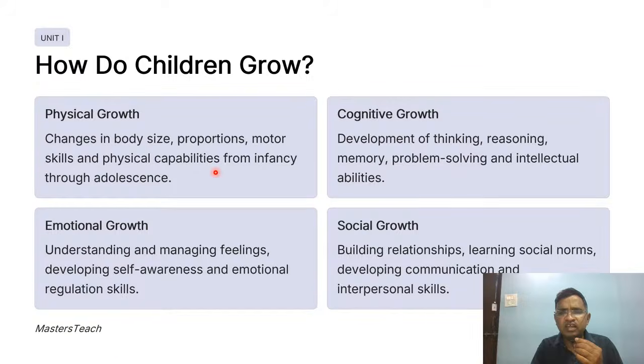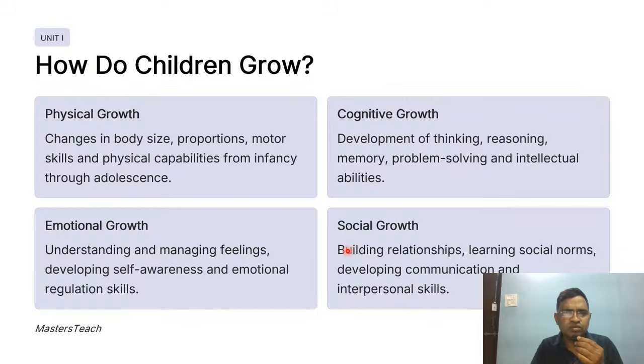Then cognitive growth: development of thinking, reasoning, memory, problem solving, and intellectual abilities. Then emotional growth: related to feelings, self-awareness, and emotional regulation. Whereas social growth is building relationships, learning with the society, and developing communication and interpersonal skills. So these are the four types in which a child grows.